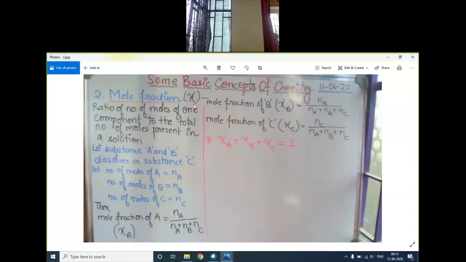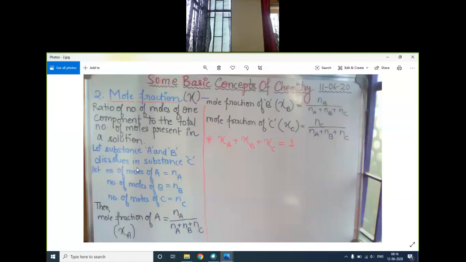Suppose, I am taking an example, let us take substances A, B and C. Let substance A and substance B be the solutes and they are dissolving in the solvent C. So what are the components present here in the solution? Three components are there: substance A, substance B and substance C. Total 3 components in the solution.